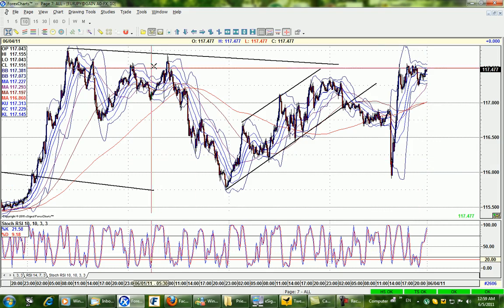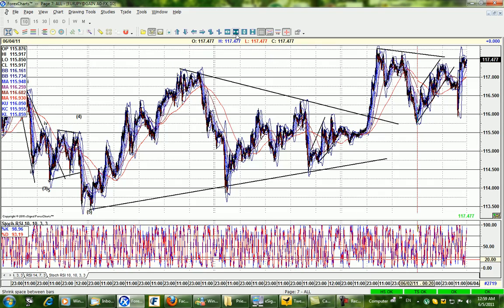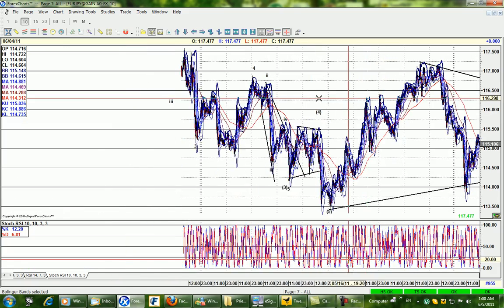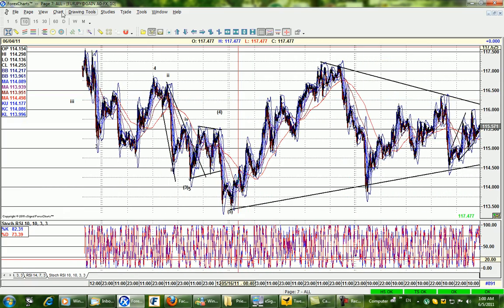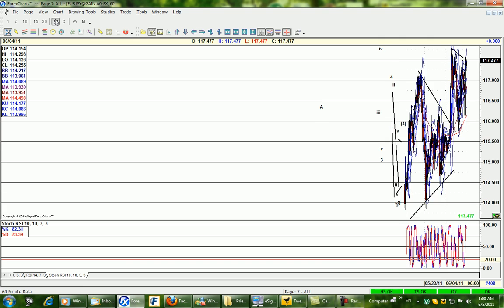The euro yen, I was stalking the correction here. This is the 10-minute chart.